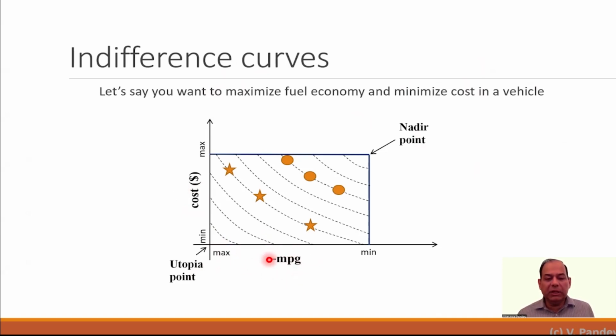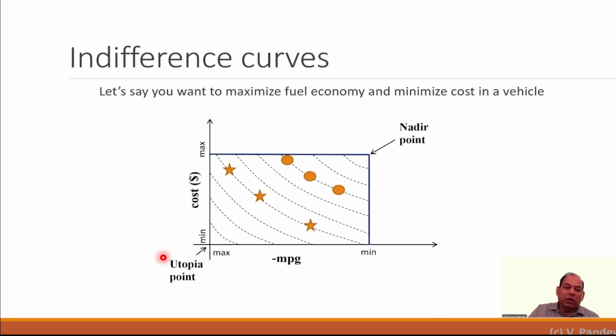On the x-axis, we have miles per gallon. Now, by convention, we make sure that the utopia point is at the origin, which is saying that the best things happen here. So since people prefer more miles per gallon to less, we put a negative sign in front of it so that the maximum value happens here.